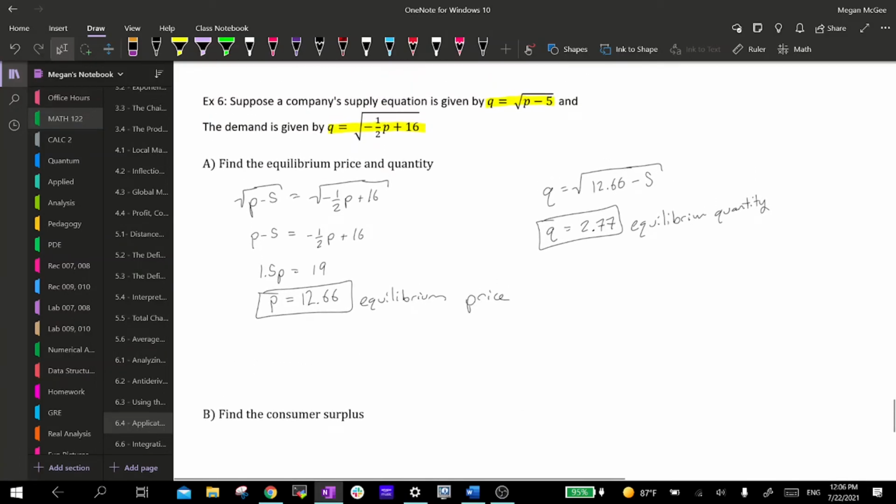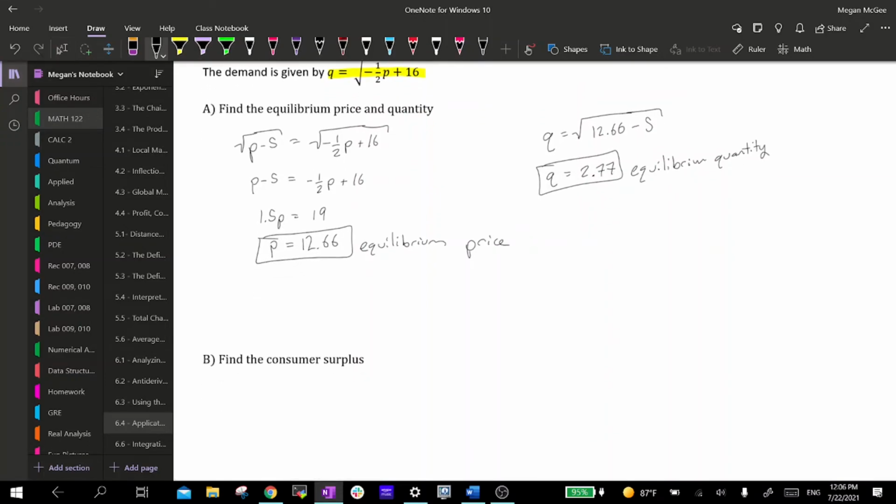They were given to us as Q equals, so they're in terms of P. So both supply and demand curves, or functions, are in terms of P. If we tried to take the integral with respect to Q, we would not be able to, right?